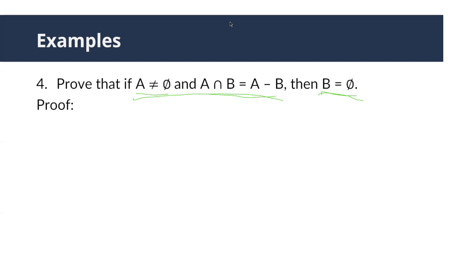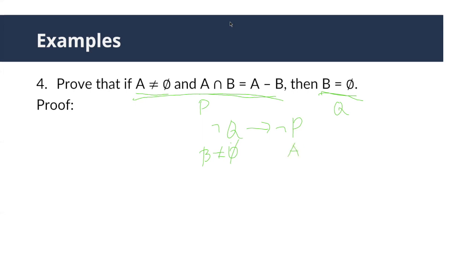What about proof by contraposition? So what we need to do is, if this is P, this is Q, we need to show that not Q implies not P. What is not Q? Not Q is B is not empty. Then we need to show not P is true. What is not P?